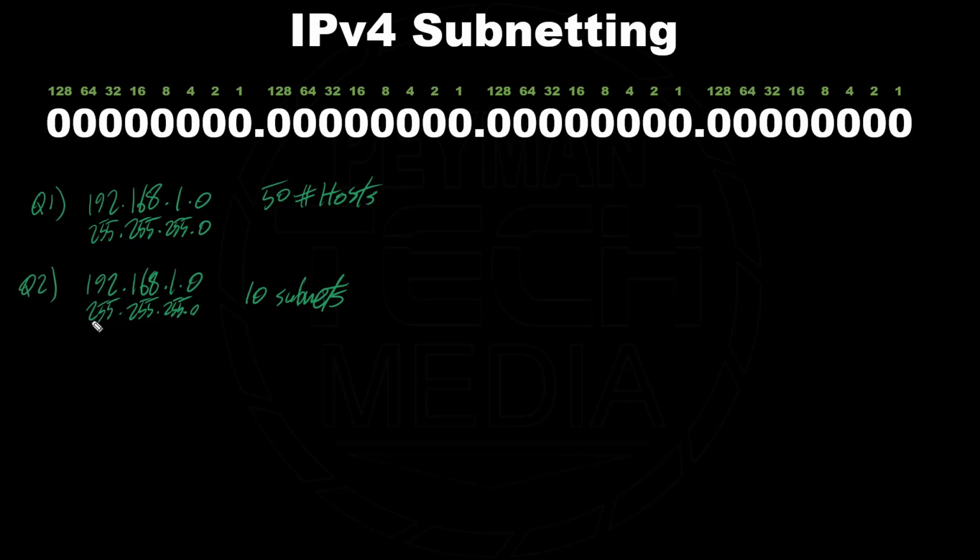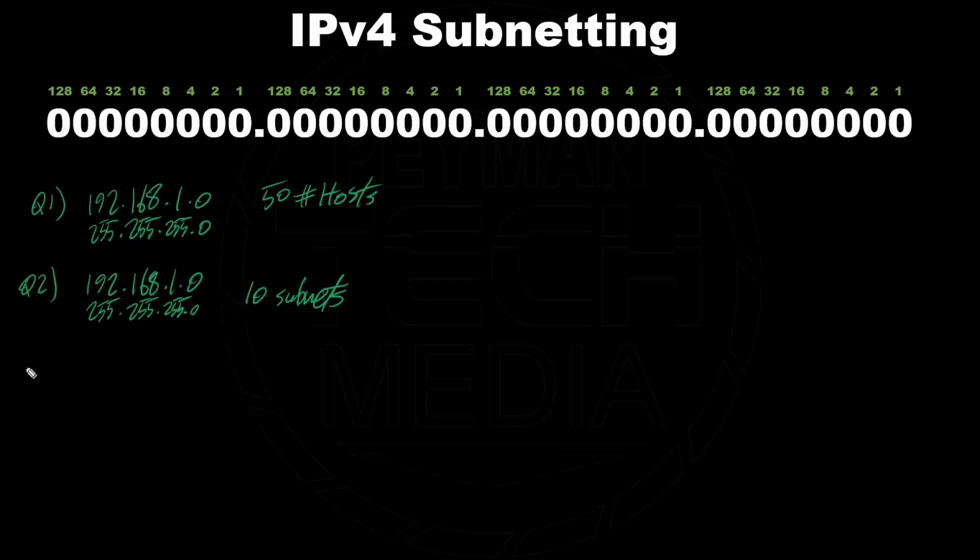We know the default 255.255.255.0 is just one network, the 192.168.1.0 network. All the IP addresses in this network can communicate and talk together. This is just one big network with 254 available IP addresses. So they want 10 different subnetworks. For example, one subnet for the accounting department, one for the marketing department, one for the sales department, and so on.